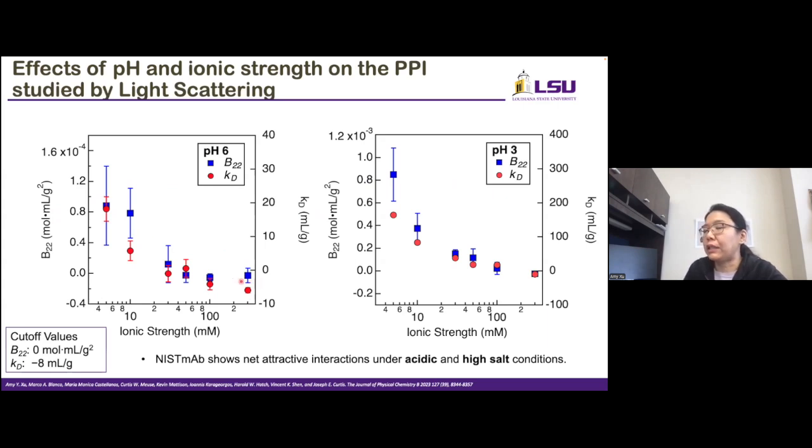If you look at the exact numbers, the NISTmAb shows net attractive interactions only under acidic and high salt conditions. This is a condition where both the kD and B22 values are below the cutoff value, suggesting that the overall protein interactions are attractive. So this is what we have got from the light scattering experiments.